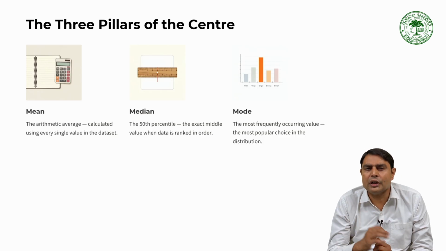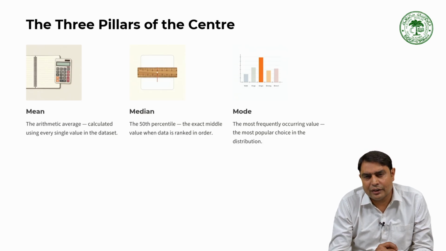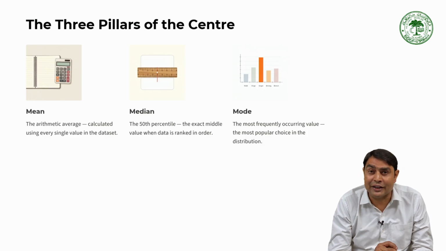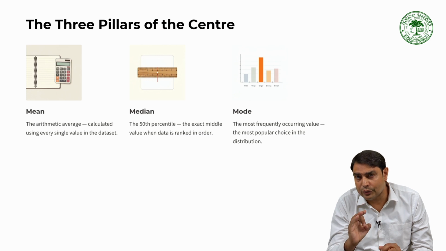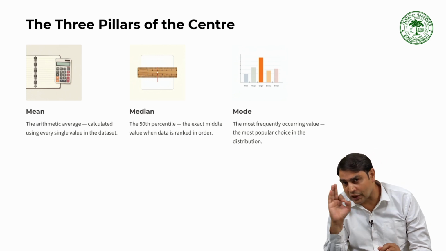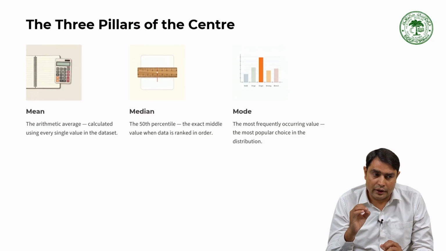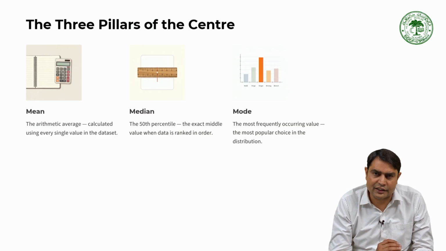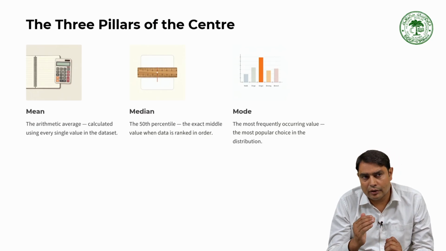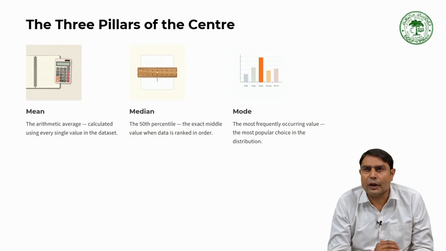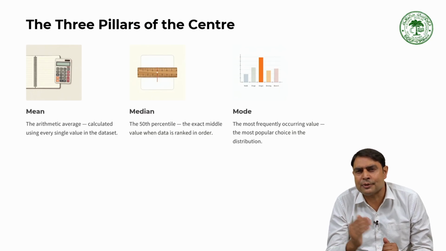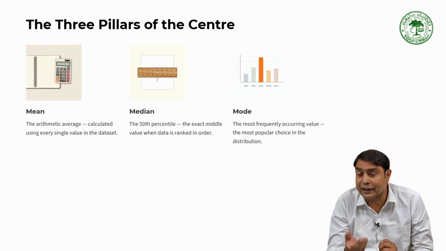One of the most important lessons in statistics is that the right measure depends on the type of data and the shape of the distribution. And we cannot replace one representation with another. Let us take an example. Generally speaking, mean may be a good representation of data if data is quantitative and continuous.